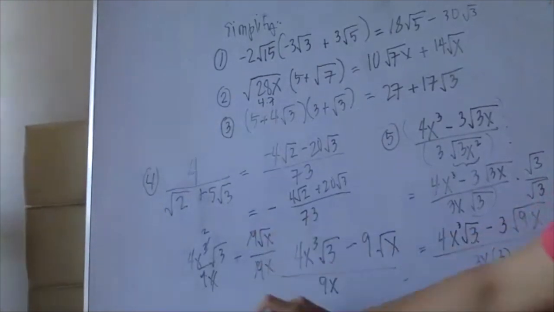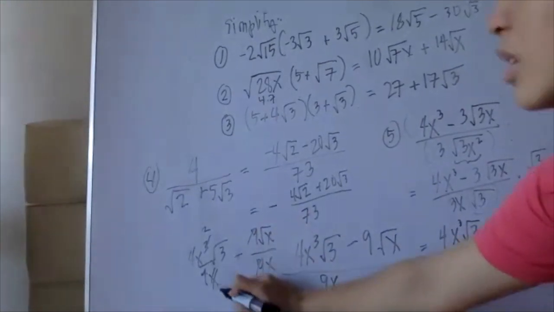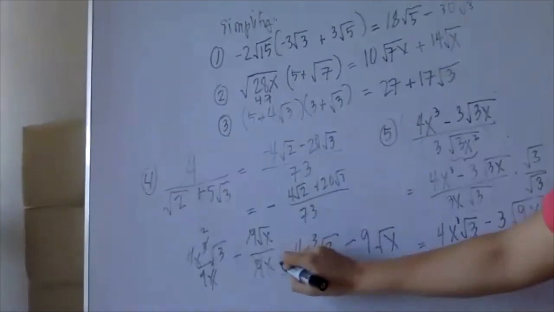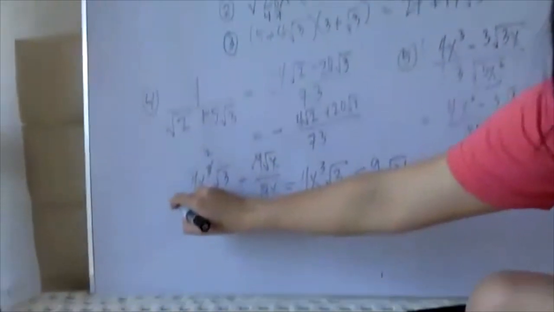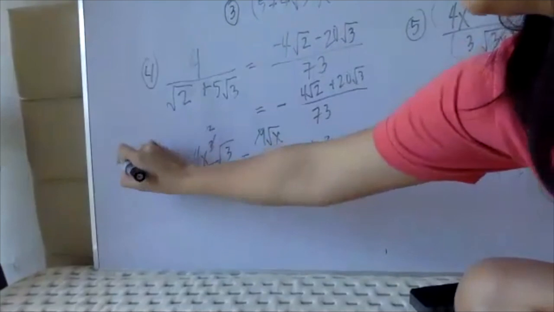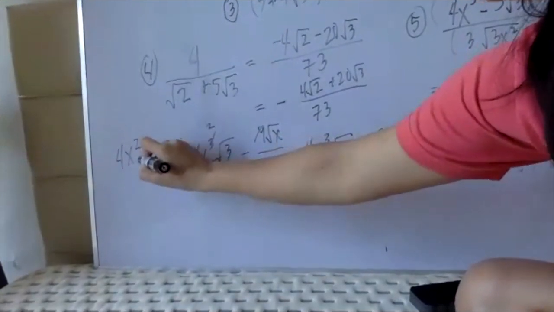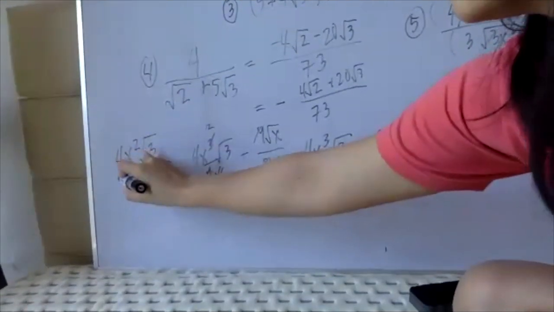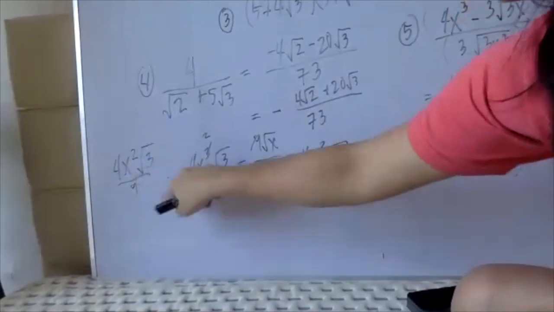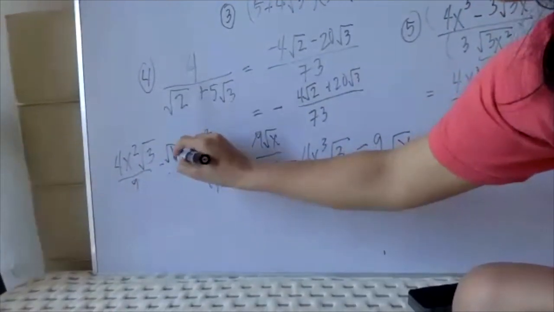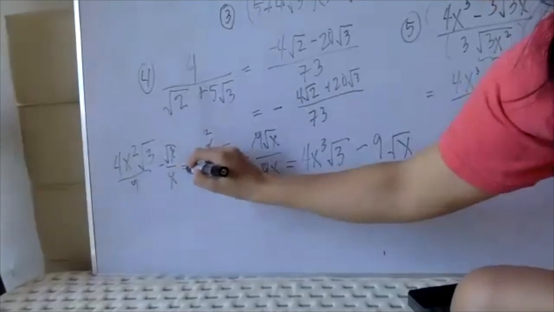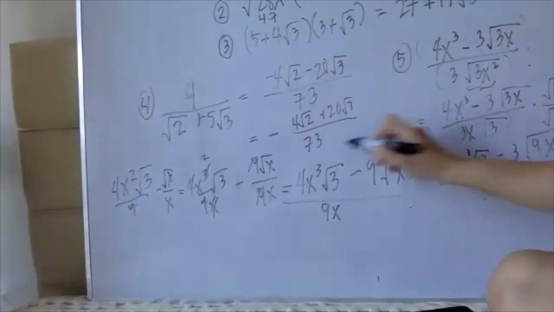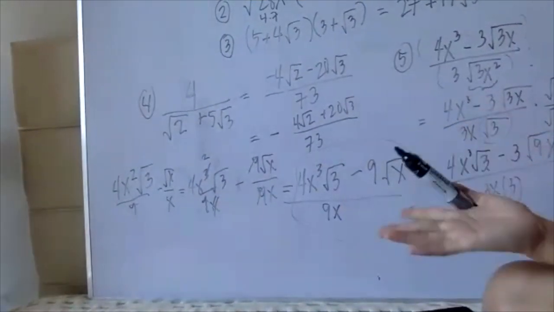Kakancel yung 9. So, pwede rin na yung sagot dito 4x squared, square root of 3, over 9, minus square root of x over x. Okay? Pero this is enough in terms of simplifying.